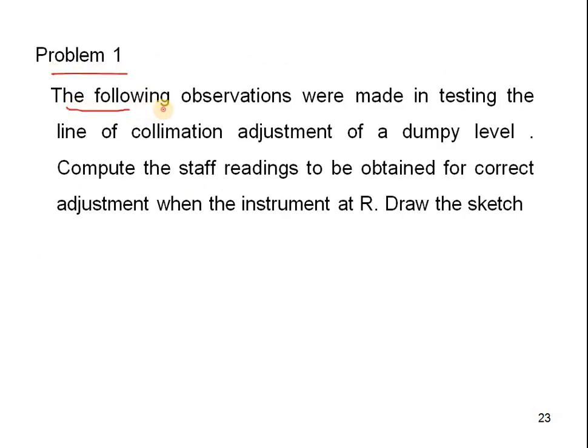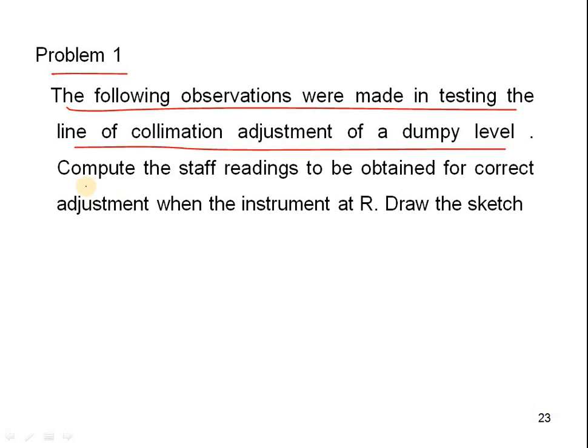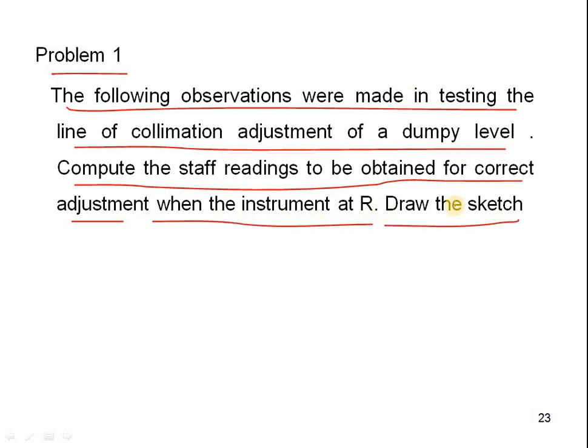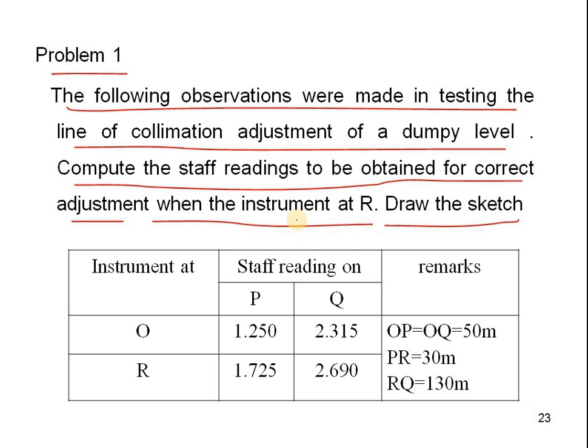Problem number 1: the following observations were made in testing the line of collimation adjustment of a dumpy level. Compute the staff readings to be obtained for correct adjustment when the instrument is at R, and draw the sketch. With the instrument at O, the staff reading on P is 1.250 and on Q is 2.315.